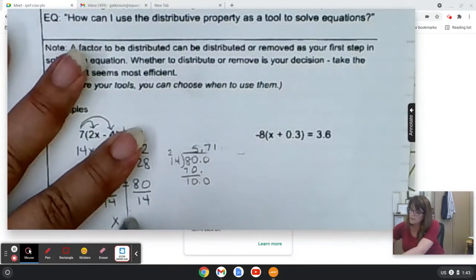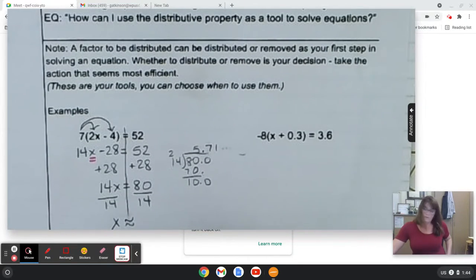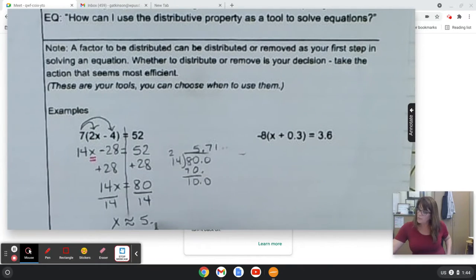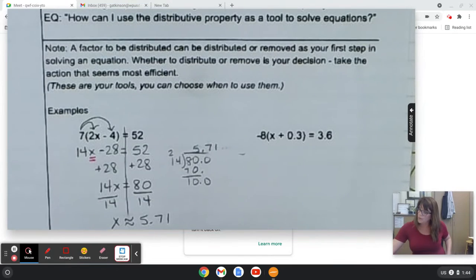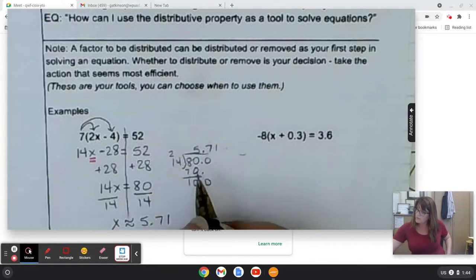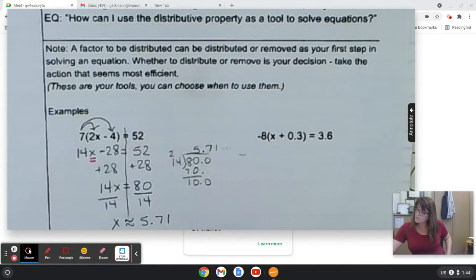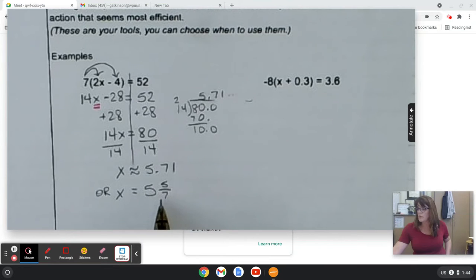So I'm going to use my approximate symbol here, that x is approximately 5.71, or x is 5 and 10/14, 5/7. See how the fraction answer is so precise? But either one would work.